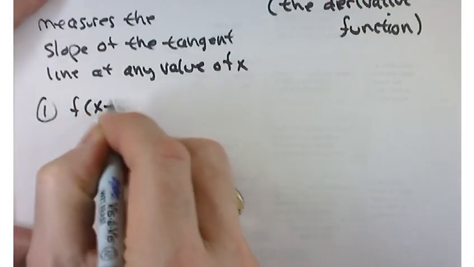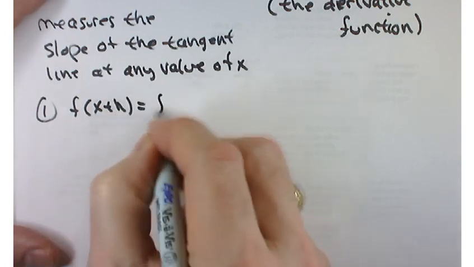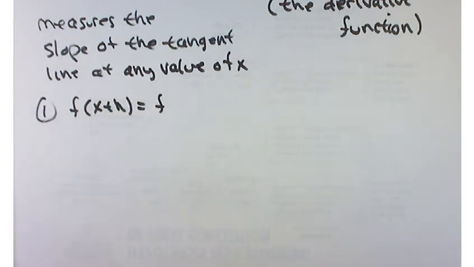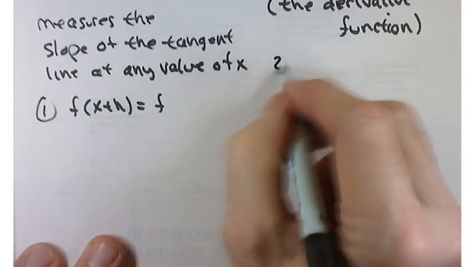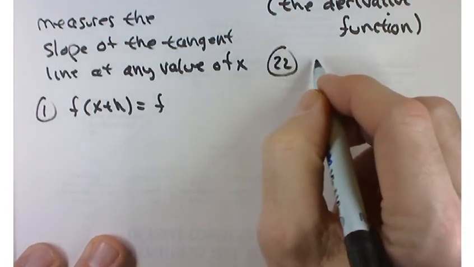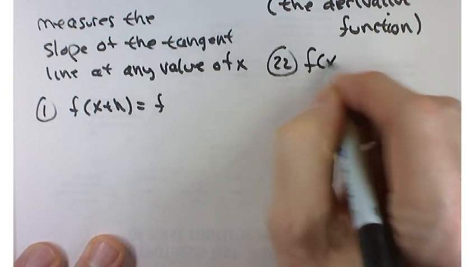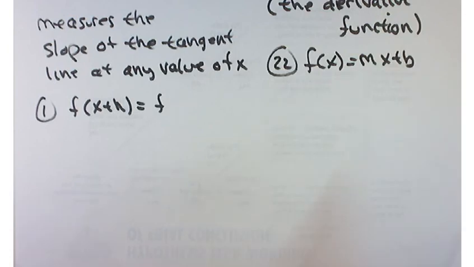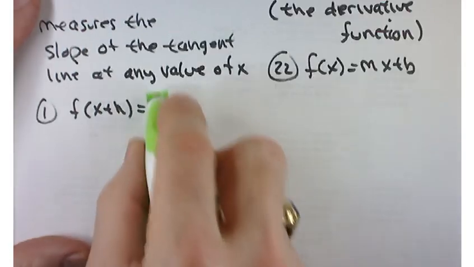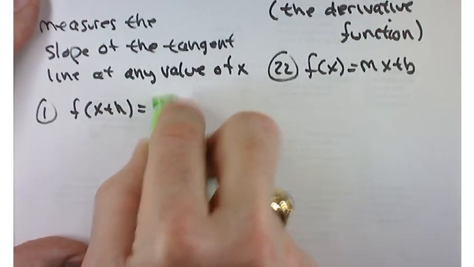The first thing, like I said, is f of x plus h. So we're going to do that for problem number 22, which is f of x is mx plus b. So when we're all done, we're going to figure out how this function changes at any particular instant.